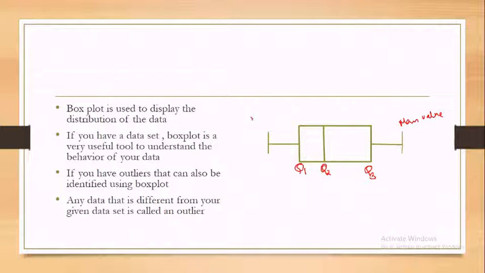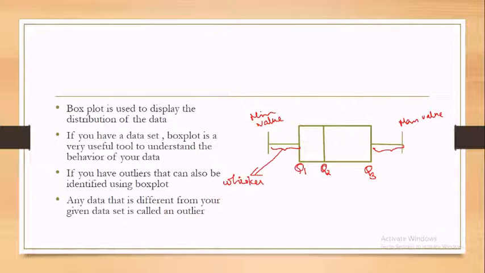This line represents the minimum value. And what are these lines? These lines are called whiskers, which we will come to in detail later when we do a problem. And again, this line is also called a whisker.